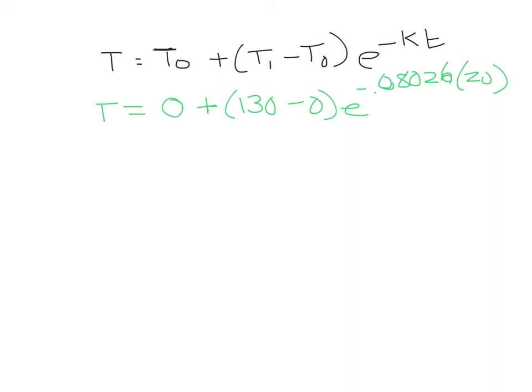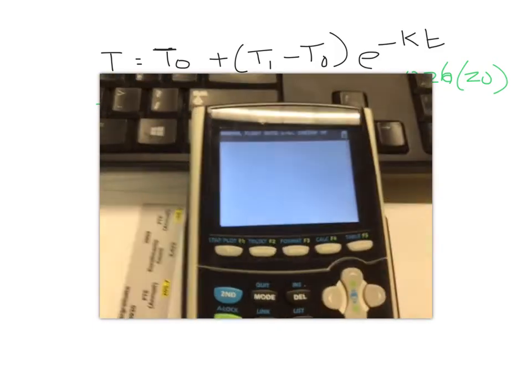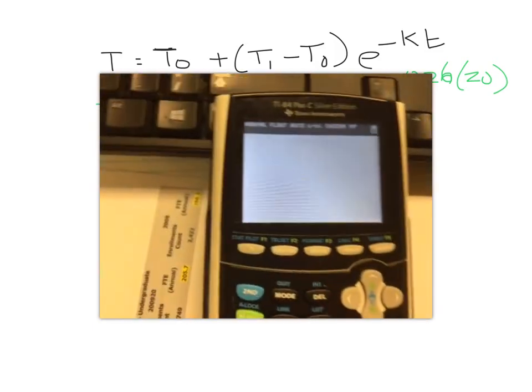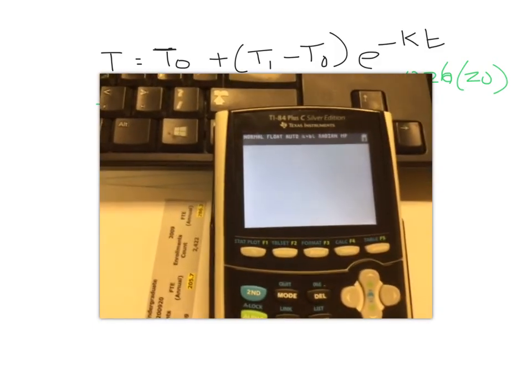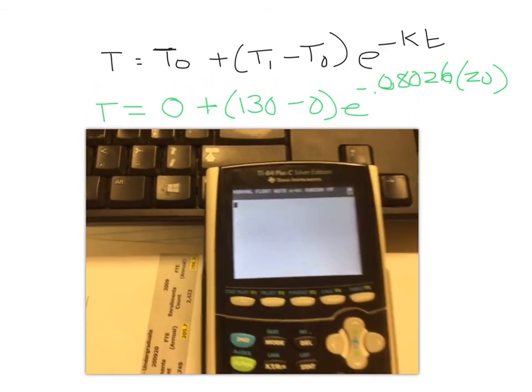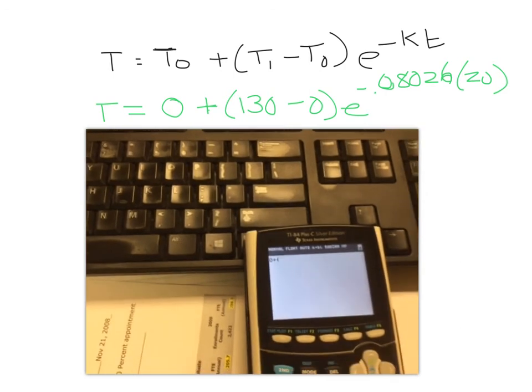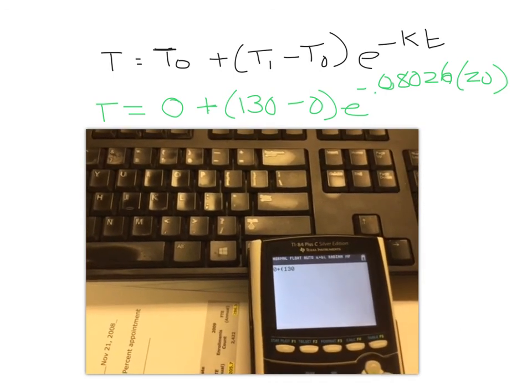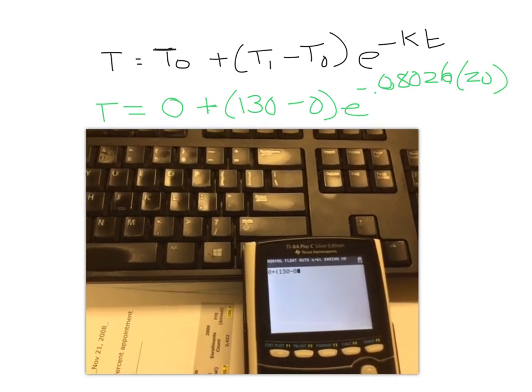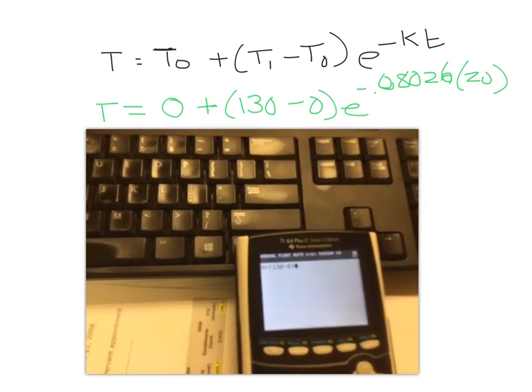So if you're pretty good at using your calculator, you can put this problem in just like that without doing any simplification, and I'm going to show you how to do that. On my calculator, I can type in 0 plus parentheses 130 minus 0, close my parentheses.